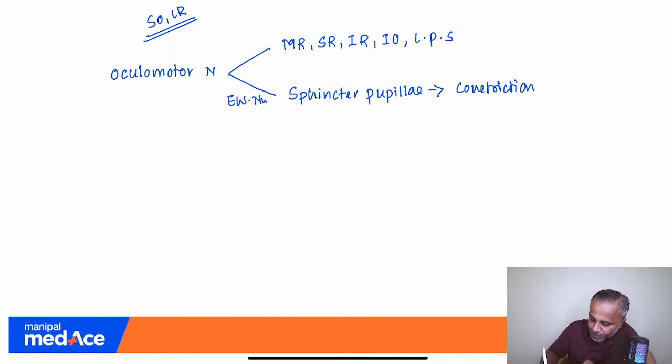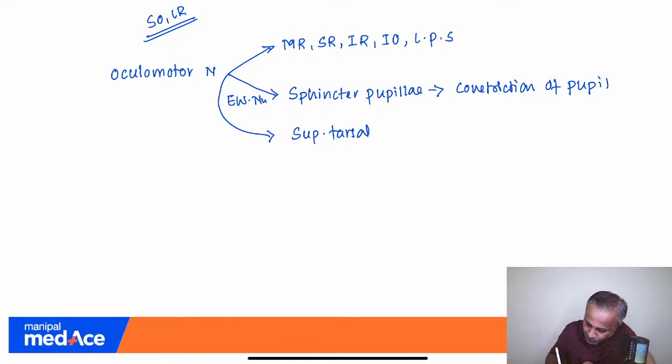Then, the other important function of oculomotor nerve is it also supplies the superior tarsal muscle. Along with levator palpebrae superioris, it also supplies the superior tarsal muscle.